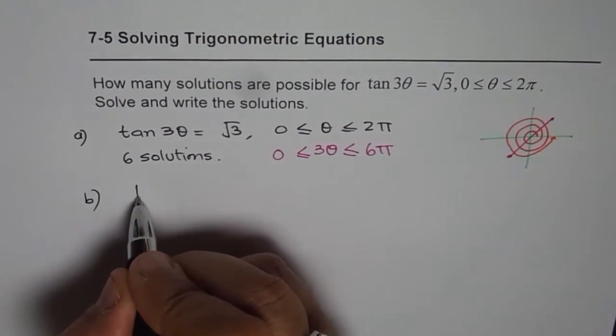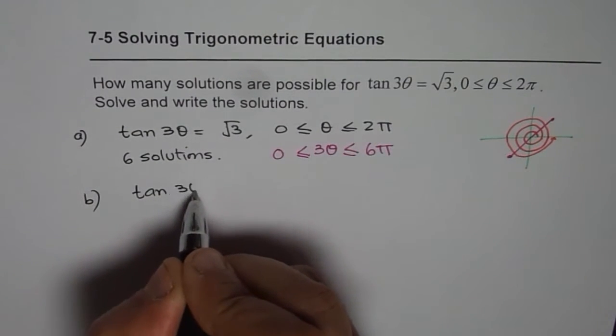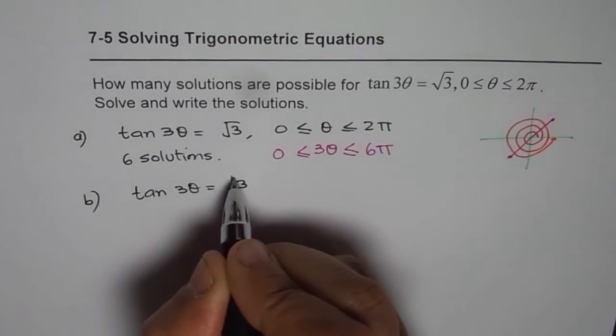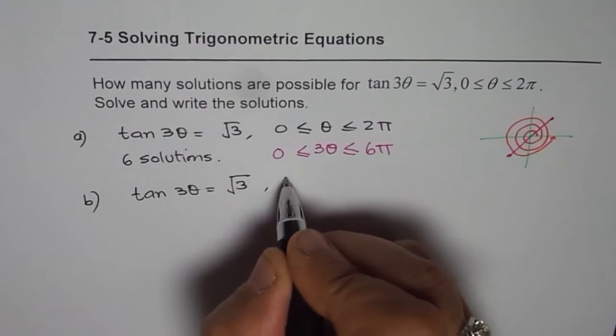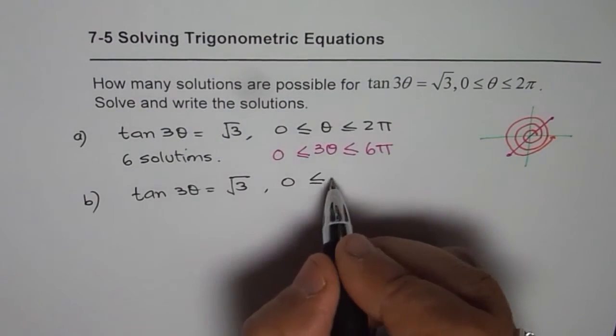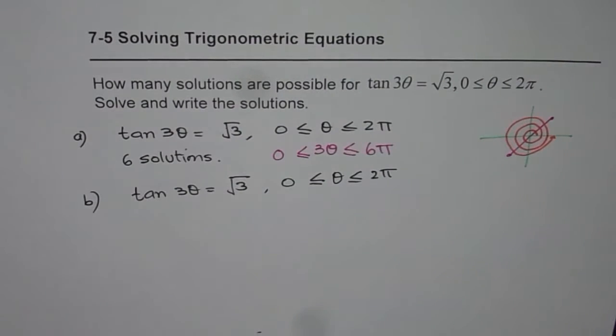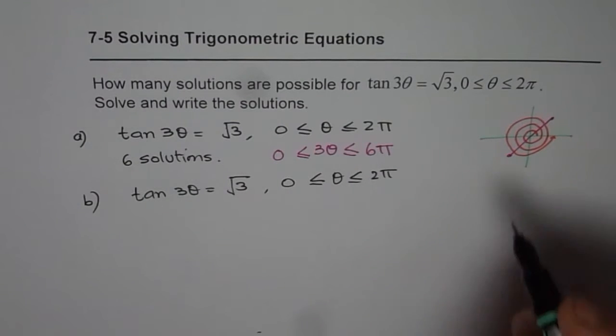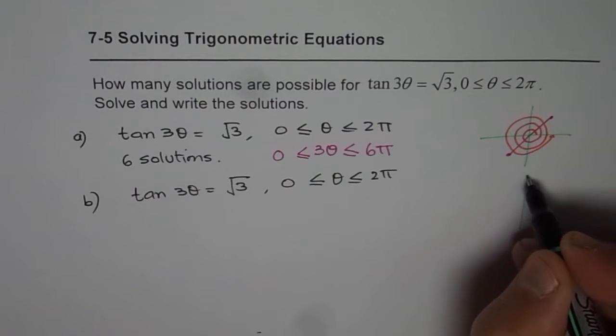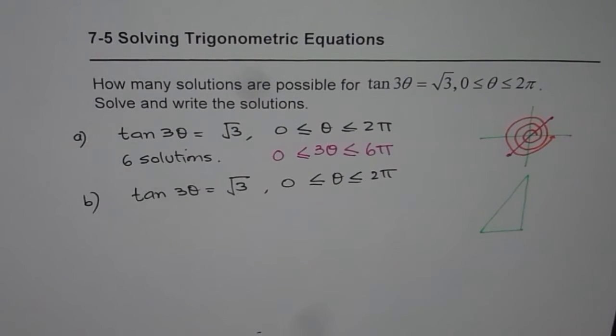So we have the equation tan 3 theta equals square root of 3. And the domain for theta is 0 to 2 pi, correct? Now to solve it, we can always use a calculator and find the solution. Or in this particular case, we can actually use our special triangle. So whenever possible, use the special triangle.